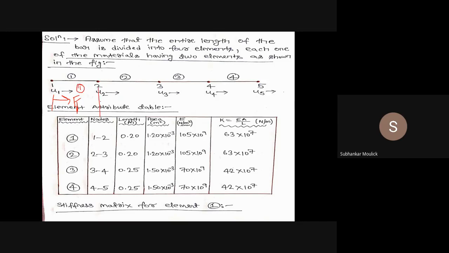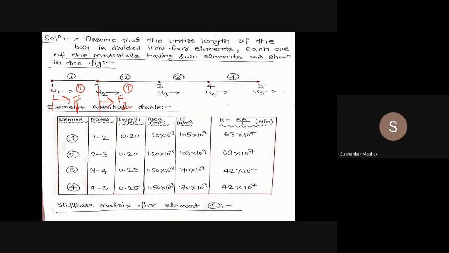Similarly, at nodal point 2, the displacement of node 2 is U2, and the force at node 2 is F2, the force acting at nodal point 2 but for the first element, and so on. Are you getting my point?